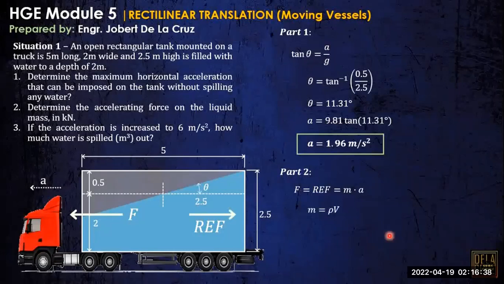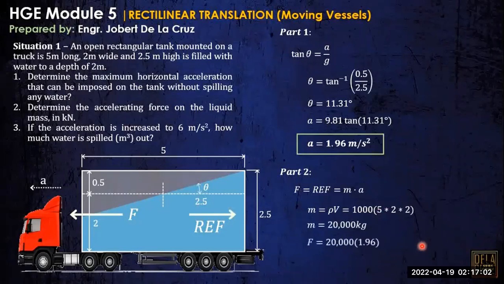Okay? By this one, we know that the mass is density times volume. So the density of the water is 1,000 kilograms per cubic meter multiplied by the volume of water here. So initially we have 5 times 2 times perpendicular distance na 2. So ito yung volume ng water natin. Then we have the mass as 20,000 kilograms.